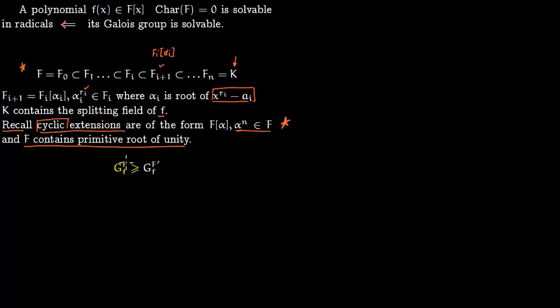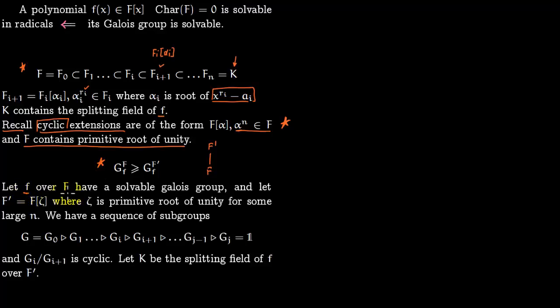And we had that the Galois group of K over a smaller field F contains the Galois group of K over some F prime, where F prime lies over F, and then you have the opposite direction for the Galois groups. This we proved in the previous lecture.